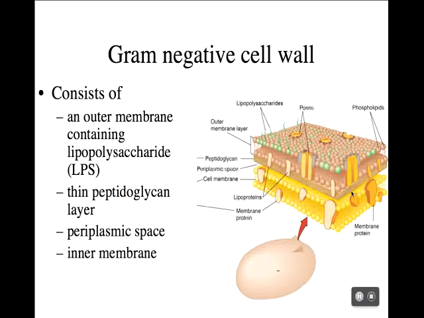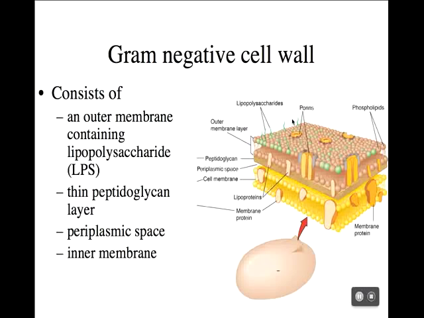There is something additional here to a gram-negative. A gram-negative does have what we call lipopolysaccharides, or LPS, located in the outer membrane. They're showing them in green in this picture. So it does have these lipopolysaccharides in the outer membrane. So a gram-negative compared to a gram-positive: the gram-negative has two membranes.